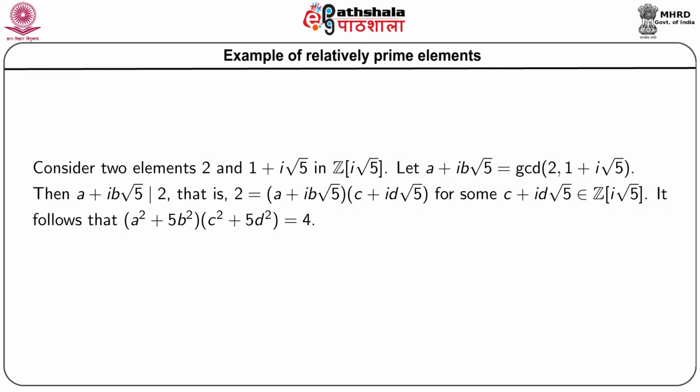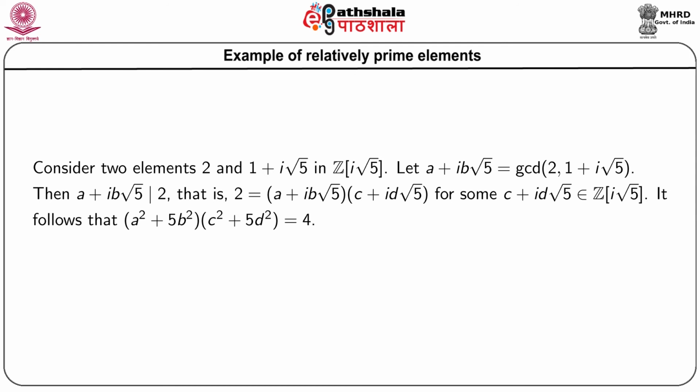Now, we give an example of two relatively prime elements. Again, I would like to recall that we can easily give an example of two elements which are relatively prime in Z. Say for example, if we consider 4 and 5, these two are relatively prime because it can be proved that their GCDs are nothing but 1 and minus 1 if we consider Z as a commutative ring with 1.